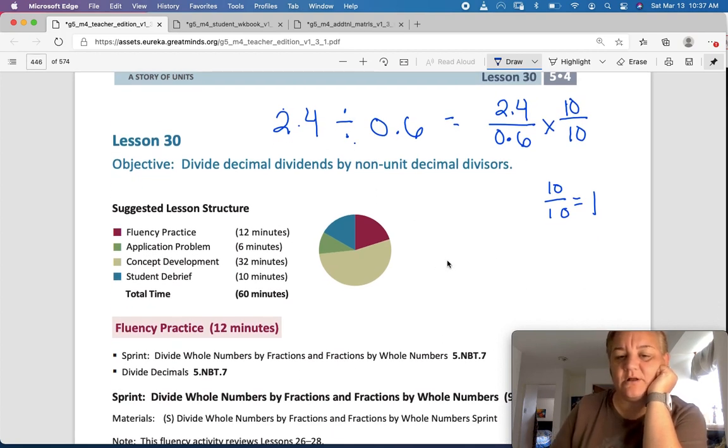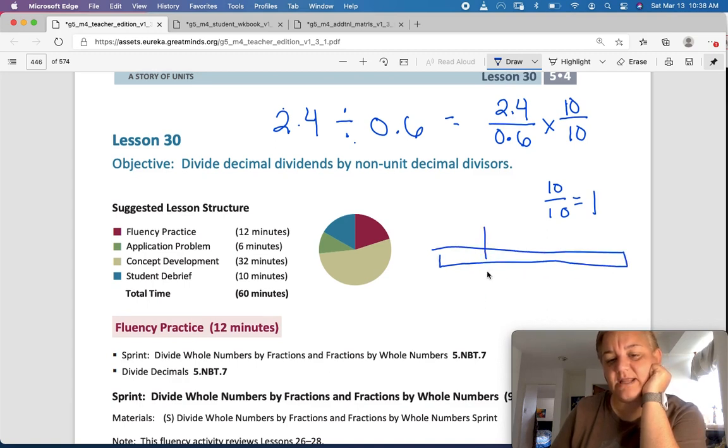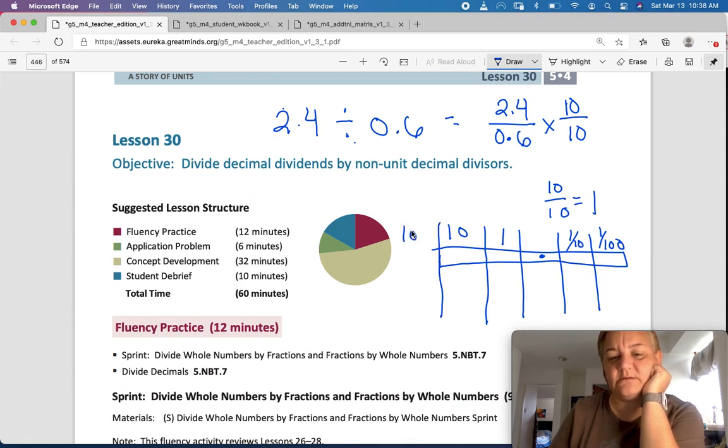Do you remember all the way back in Module 1 when we had our place value chart and we had our decimals and we had our tenths and our hundredths? You should be using it a lot, so I hope this isn't too far back in time for you. 2 4/10.